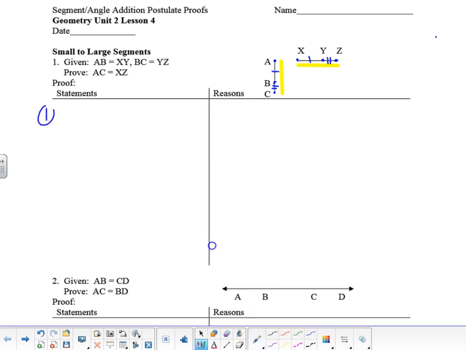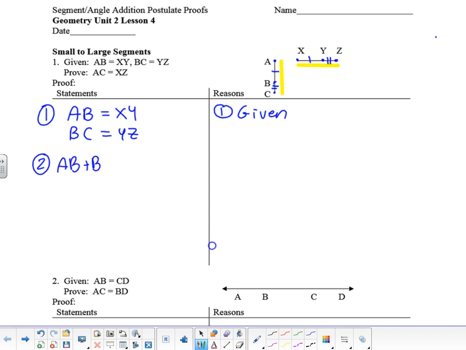So here's how we can do that with a little bit of a shortcut from what we did in the last lesson. We've got AB equals XY, BC equals YZ. That is given. And we're simply going to add these together. AB plus BC equals XY plus YZ, or what's the result?